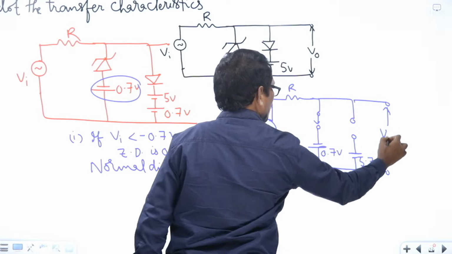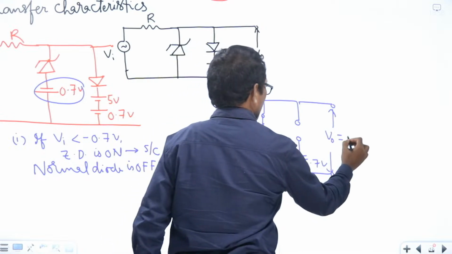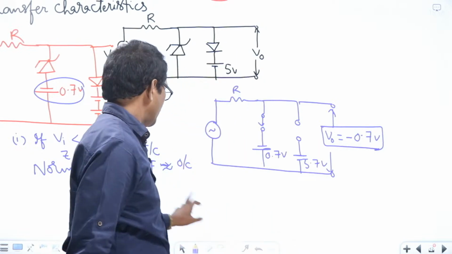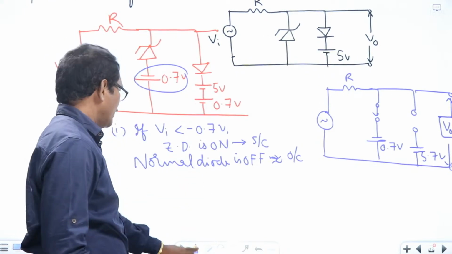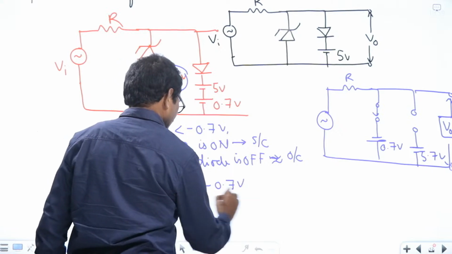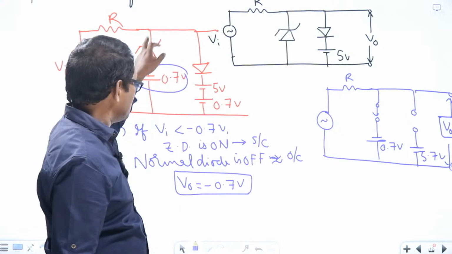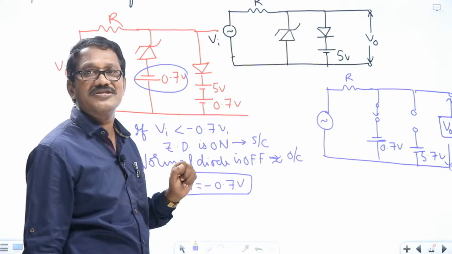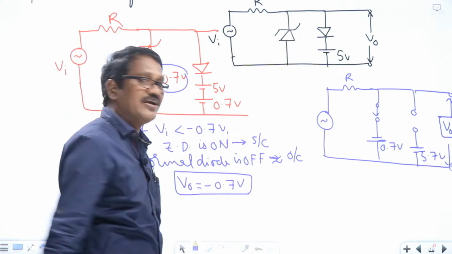Now the output voltage is minus 0.7 volts. In this case, if Vi is less than minus 0.7 volts, the output voltage is minus 0.7 volts. The Zener diode is forward biased, replaced by a short circuit, and the normal diode is off, so replaced by an open circuit. The output voltage across the output terminals is minus 0.7 volts.